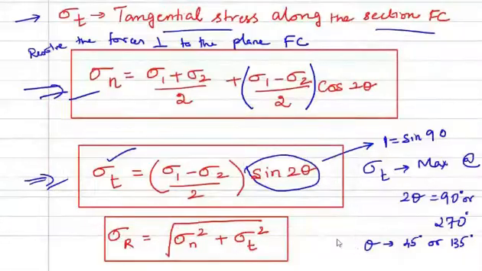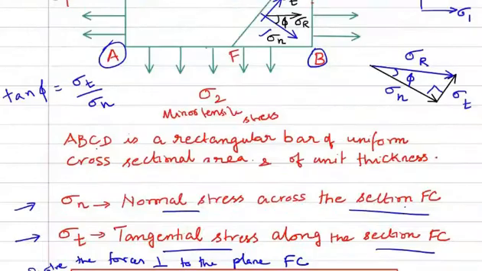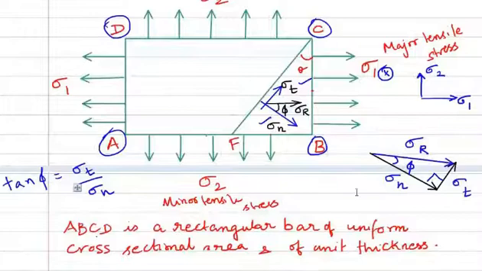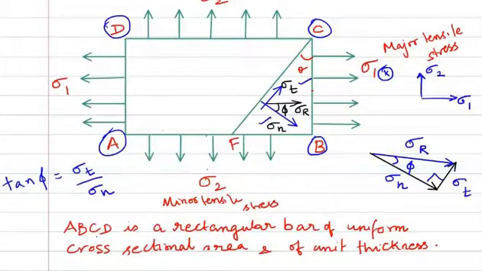So the tangential stress is given by (sigma 1 minus sigma 2) divided by 2 into sine 2 theta. Now I am having the normal stress in this direction. So this is the normal stress and this is your tangential stress. The resultant of these two stresses will be your resultant stress sigma r.